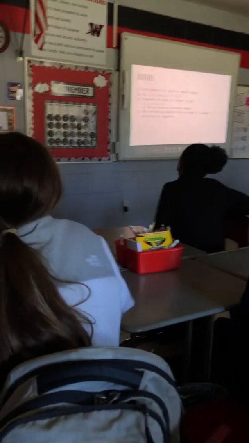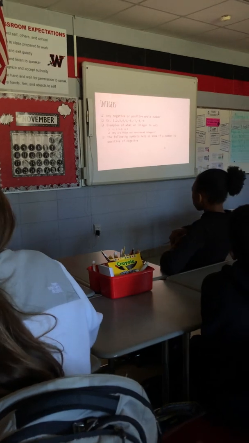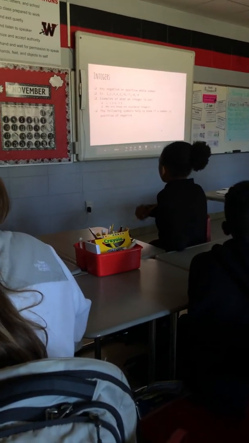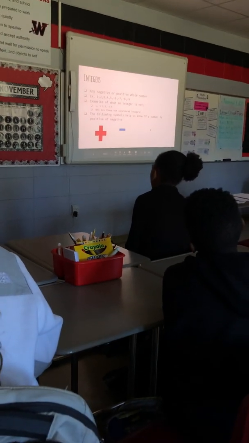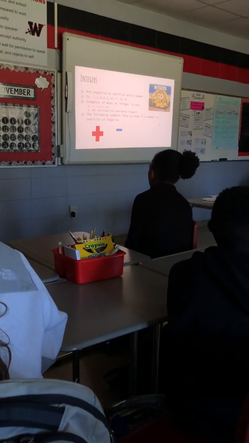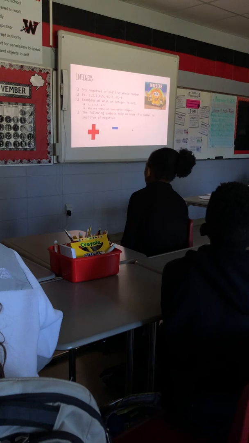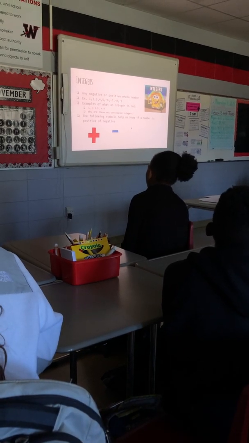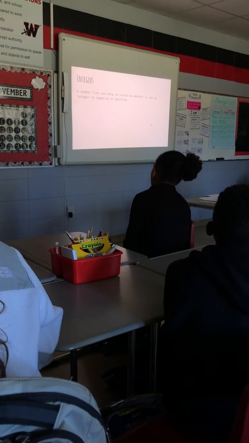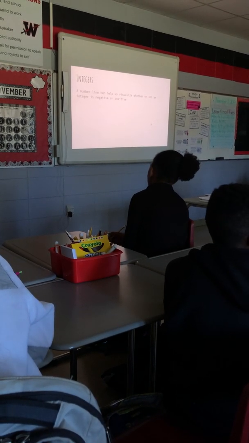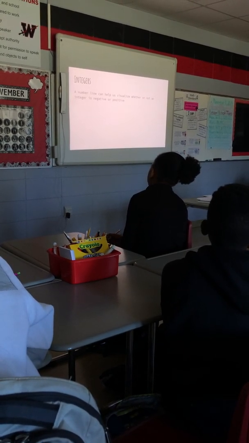All right, we also have a few symbols that let us know whether or not a number is positive or negative. We have our positive sign and our negative sign. So we also know that the number line can help us visualize whether or not an integer is negative or positive.